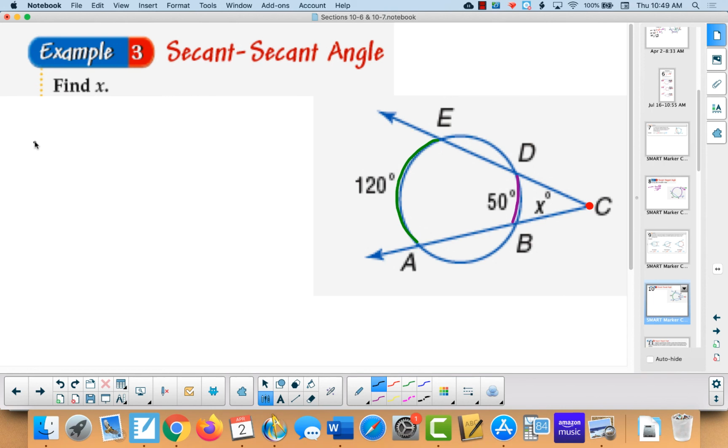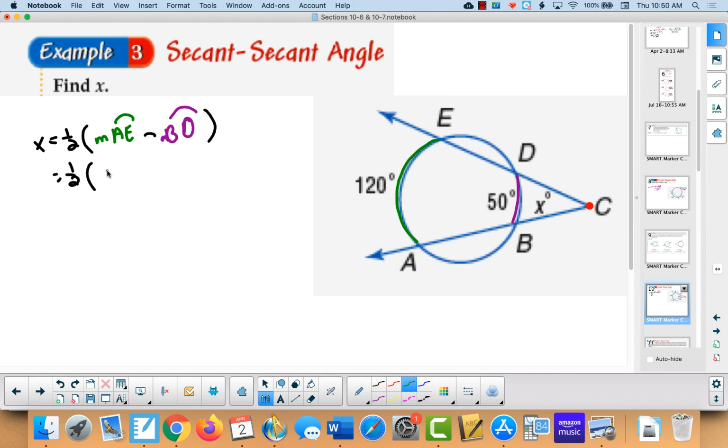So I know that X is equal to 1/2 the measure of AE minus the measure of BD. Notice that it's always the farther arc minus the closer arc, so that you don't get a negative answer.